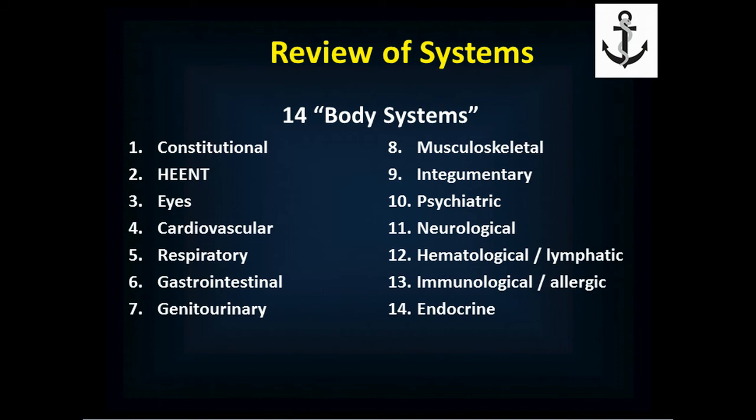So there are 14 recognized body systems, and some of these are more relevant to billing and coding, which is something you don't have to deal with, as opposed to actually doing an assessment of a patient. There's constitutional, which is your weight. Are you fatigued? Do you feel tired? Do you feel energetic? There's HENT, which is head, eyes, ears, nose, and throat. Now, for billing and evaluation purposes, the eyes are sometimes taken out.